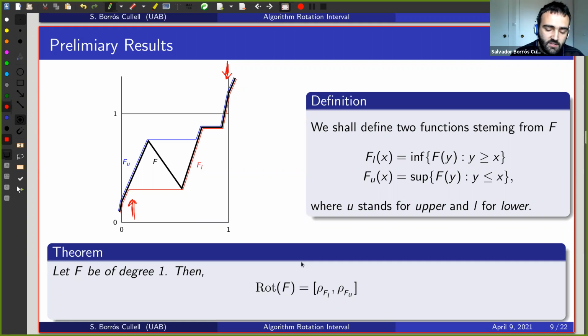And here there's this nice theorem that relates the rotation interval of a function with the rotation number of two non-decreasing functions, the lower and the upper function. So we have that the rotation interval is actually given by the rotation numbers of this lower and upper function.